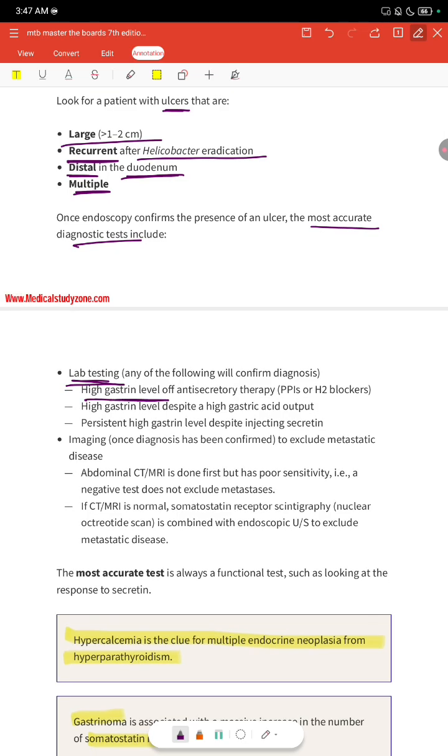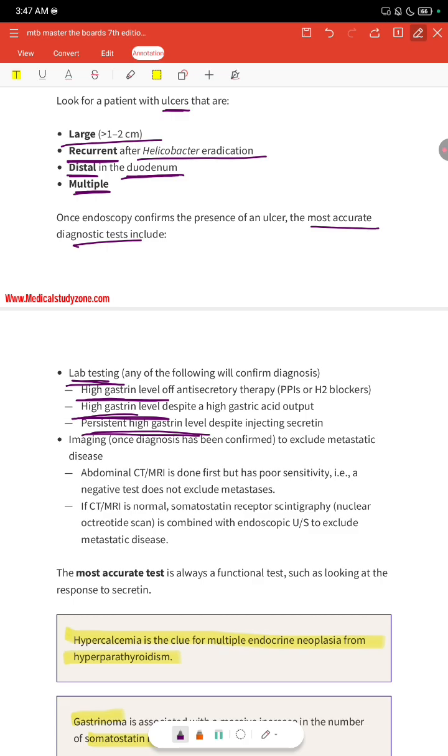So high gastrin level of anti-secretory therapy. High gastrin level despite a high gastric acid output. Persistent high gastrin level despite injecting secretin.